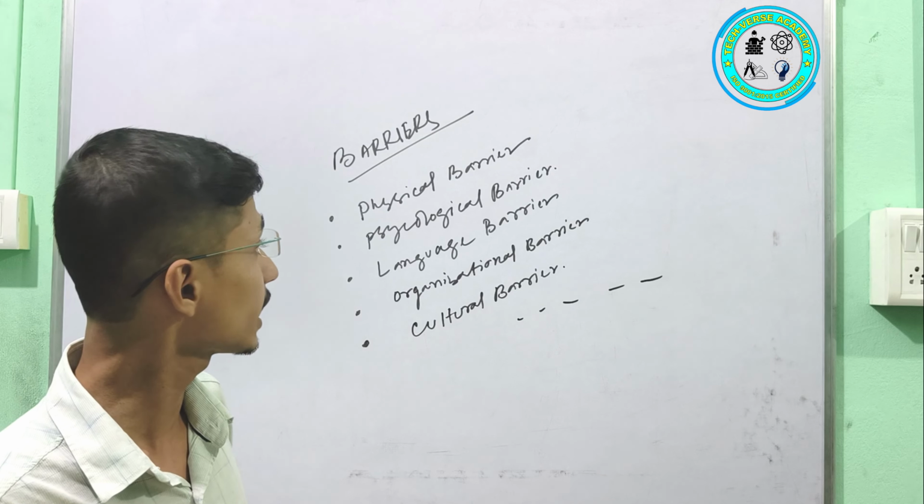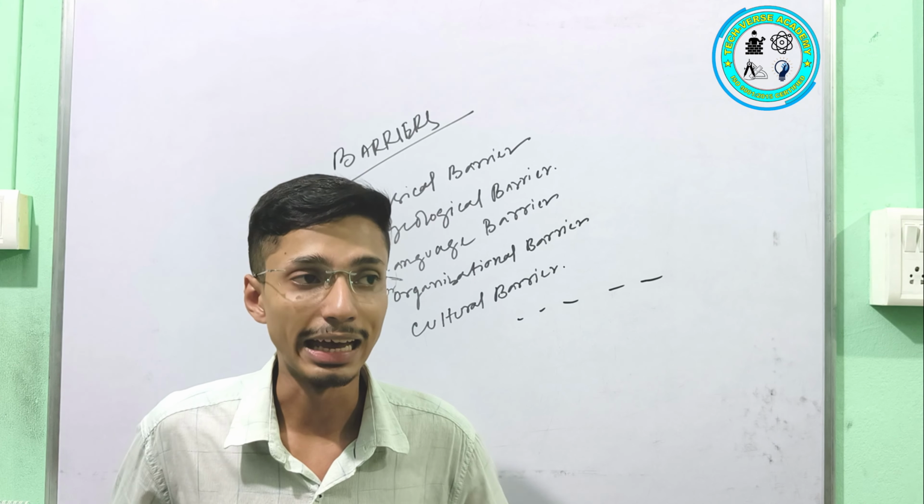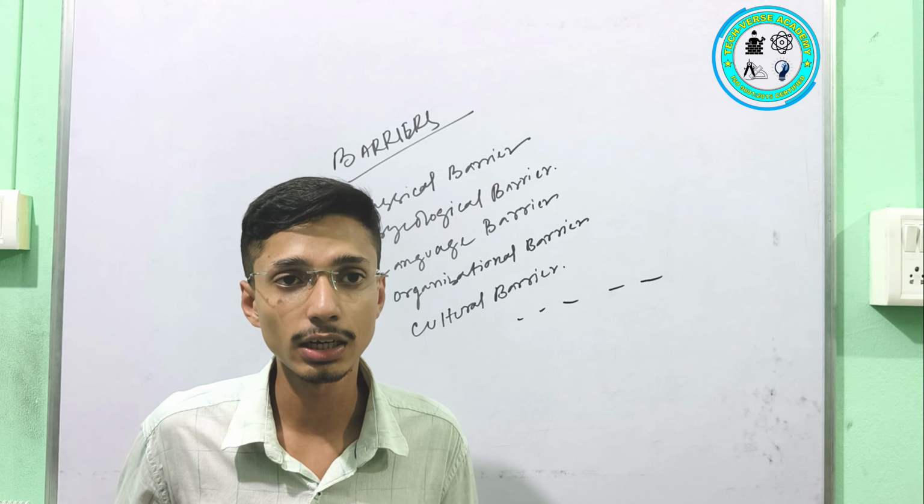Then the second one is psychological barrier. What does psychological barrier mean? Psychology is a subject which deals with the human brain, or human mindset, or any living creature's mindset. Each and everyone has a different mindset.